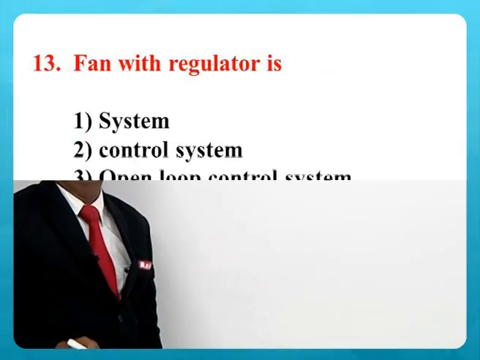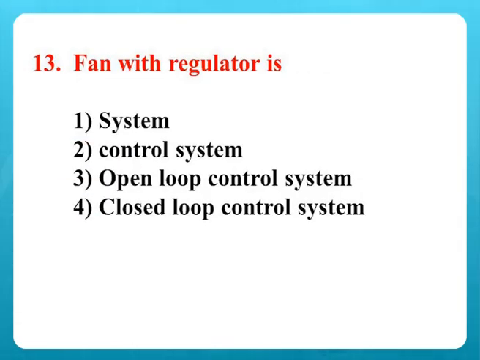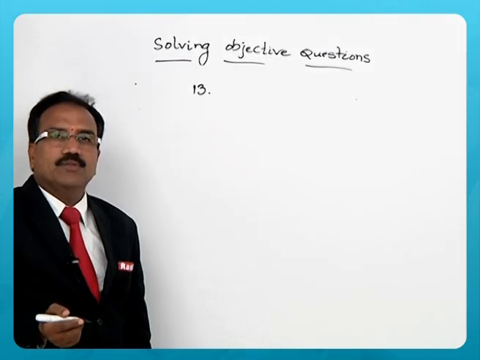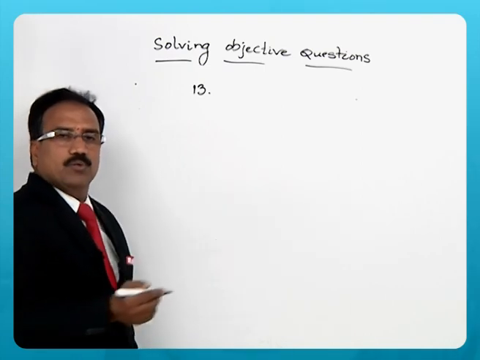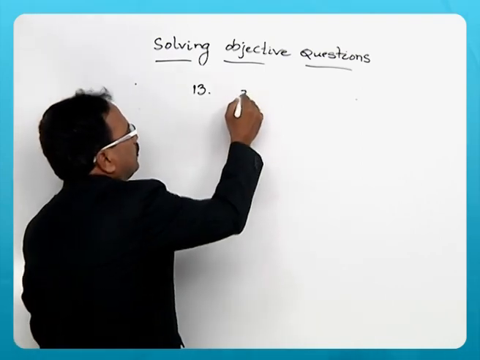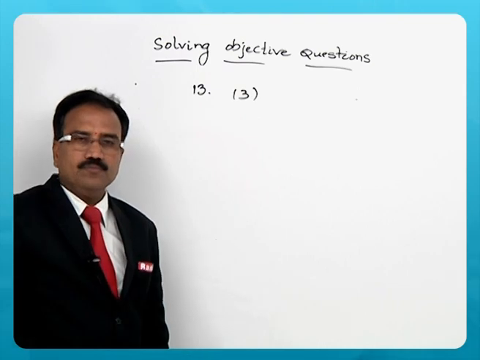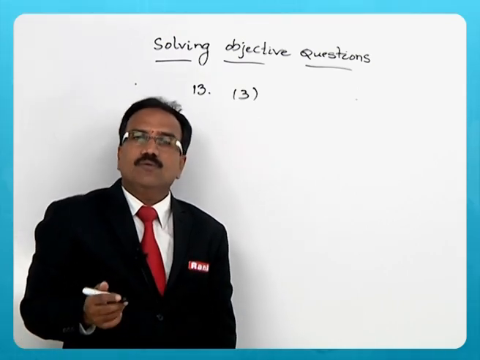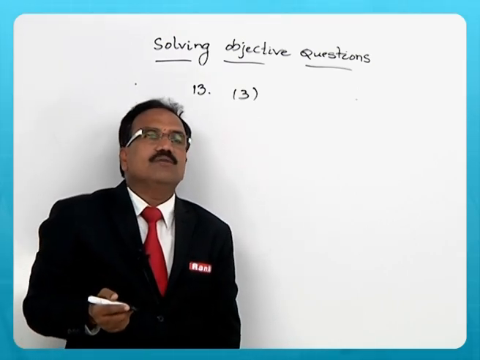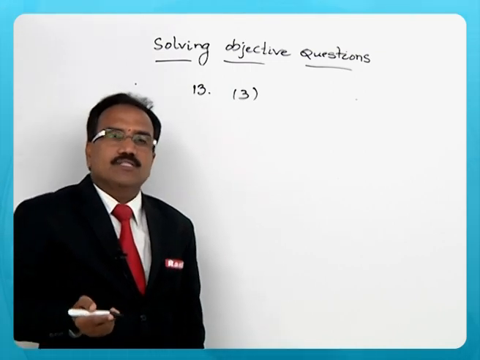Question number 13, fan with regulator. Now what is it known as? Is it a system or control system, open loop control system or closed loop control system? Fan with regulator is an open loop control system. So option 3 here, because there is no feedback, there is no sensing mechanism in this case.